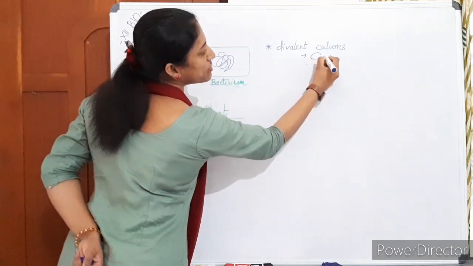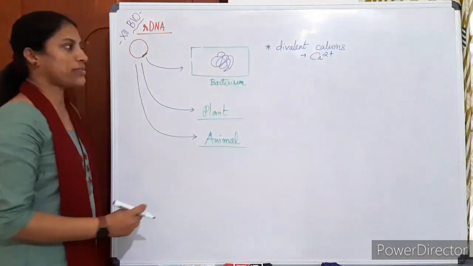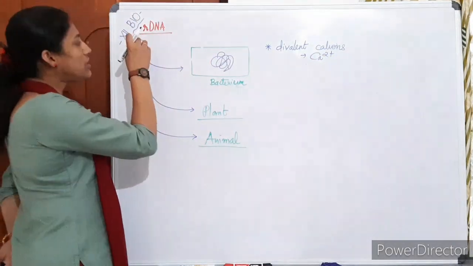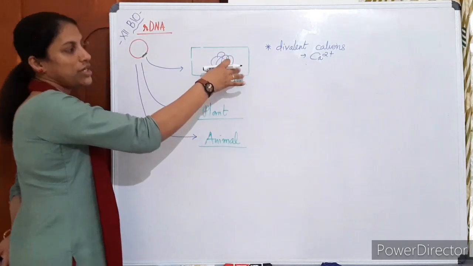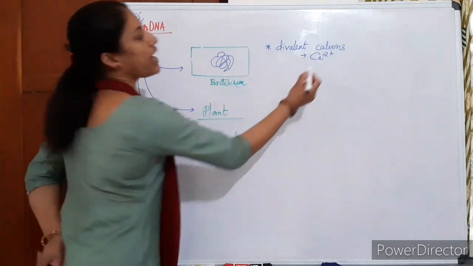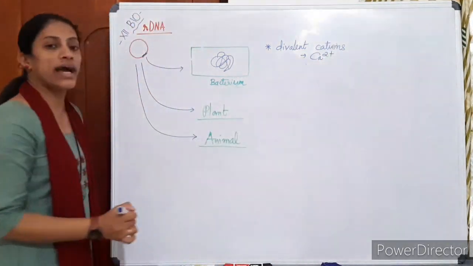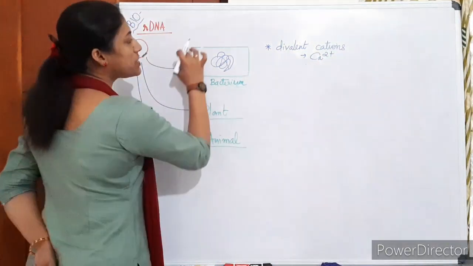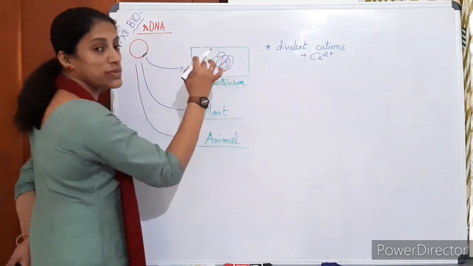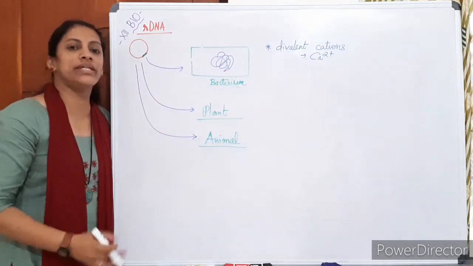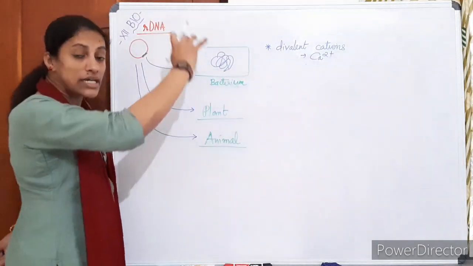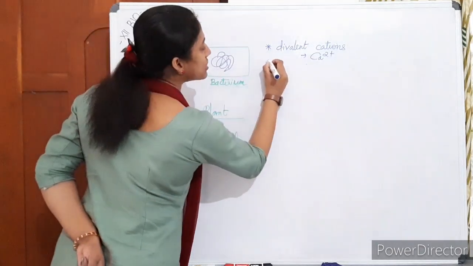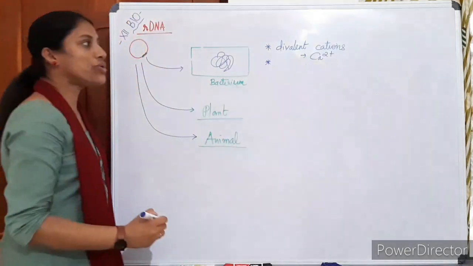Like calcium. First step, in order to deliver this rDNA to the host bacterium, it should be treated with divalent cations like calcium. Then the membrane permeability is altered, creating pores, so that it can easily receive the rDNA.